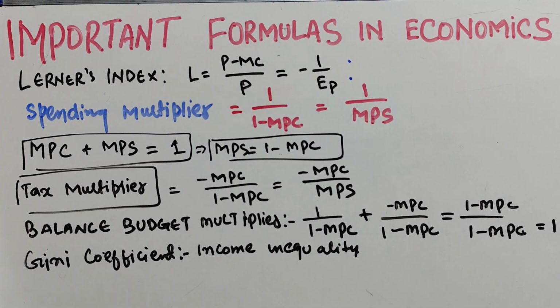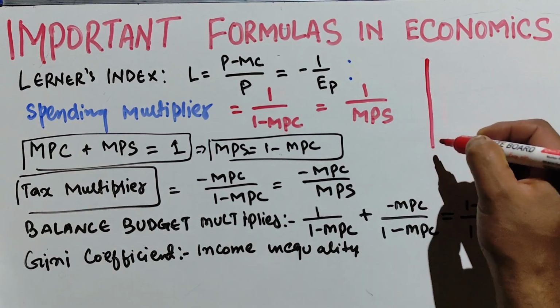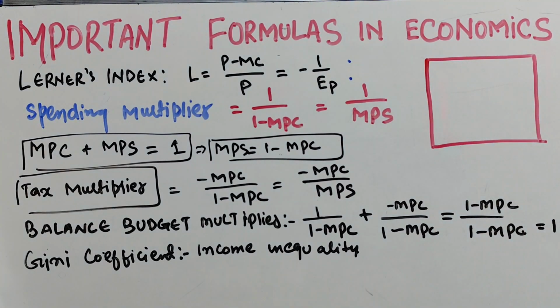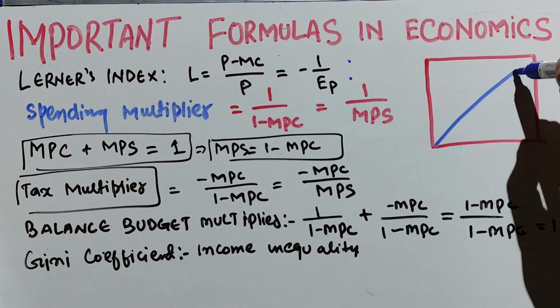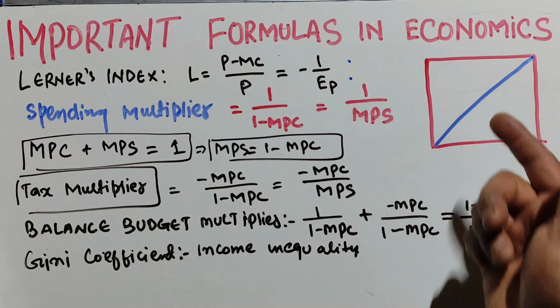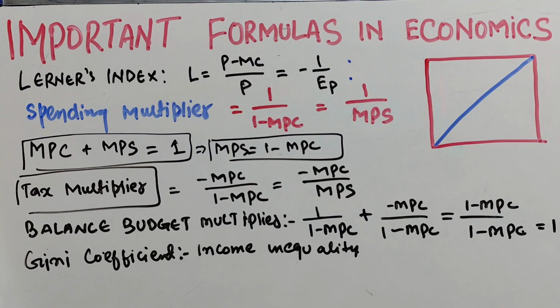Graphically, if I try to find out the Gini coefficient, let us draw a simple graph here. Let us draw a line. This line we call the line of perfect equality, hypothetically. When there is no income inequality, we have this very line.